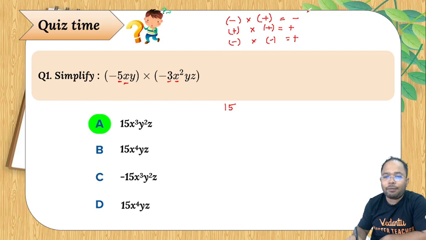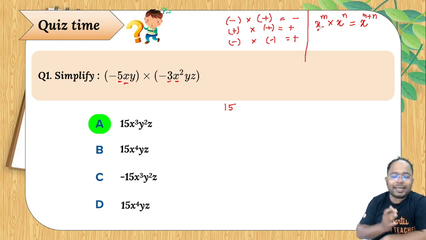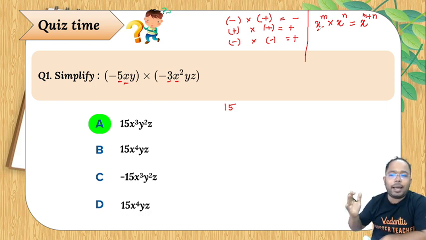If we have x to the power m into x to the power n, we always get x to the power m plus n, because x to the power m means x is being multiplied m times. Similarly, x is being multiplied n times. So basically it comes x to the power m plus n.